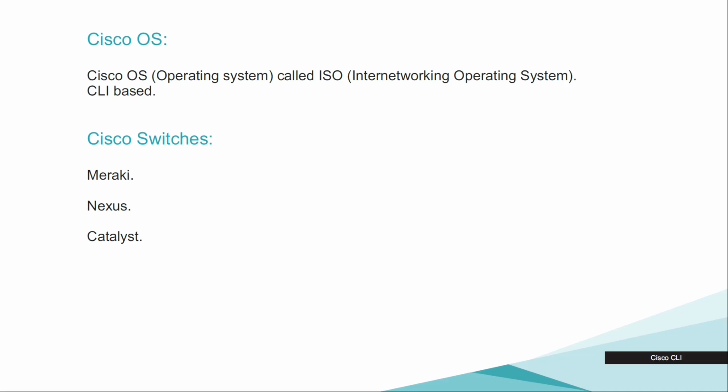The same thing applies to the router. For Cisco switches in general, there are Meraki switches, Nexus switches, and Catalyst switches. CCNA focuses only on the Catalyst switch, so we will learn about the Catalyst switch and how we configure it. The Catalyst switch uses IOS, the Internetworking Operating System.